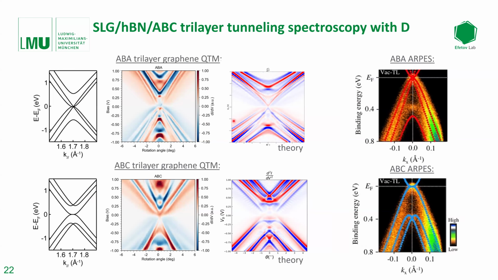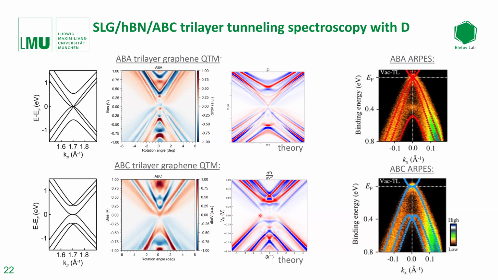That being said, this was AB graphene, but we are now also making our first attempts on ABC, rhombohedral graphene, from the QTM measurements. What you can see here on the bottom are our first attempts in measuring ABC trilayer graphene. And the spectrum which we observe here is quite distinct from the spectrum that we observe in ABA trilayer.